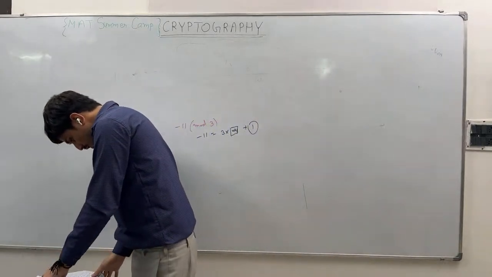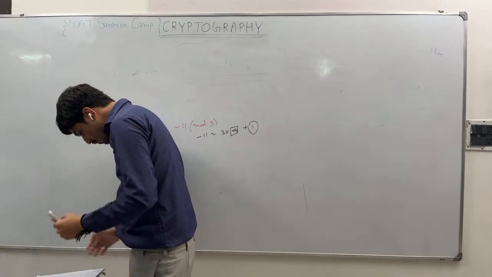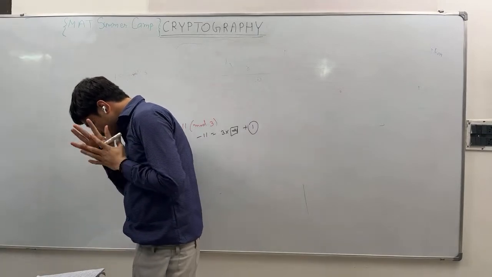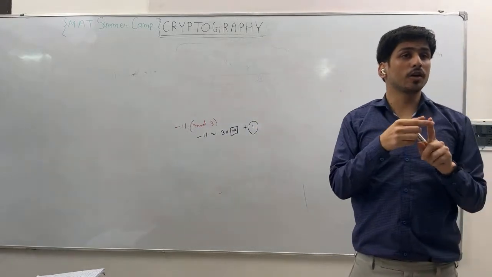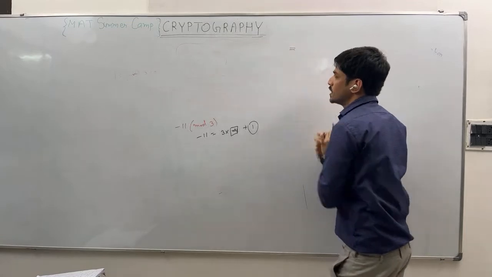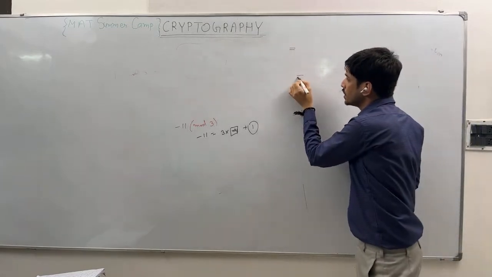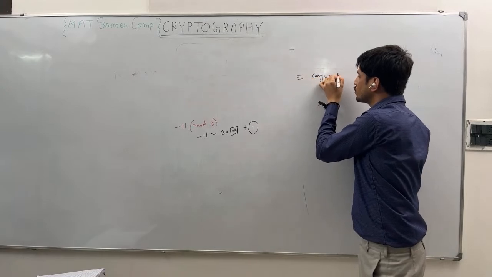Next, we'll see some of the properties. Two integers are called congruent. Sometimes we use the equal sign, and sometimes we use the three-bar sign. This sign is used for congruent. Why do we use it for congruent?